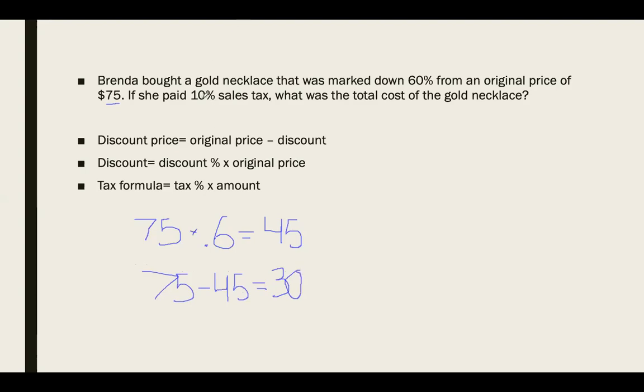And then we have a 10% sales tax, so plus $3, because 10% of $30 is $3. This gives us a total value of $33. And this is the total amount that Brenda paid.